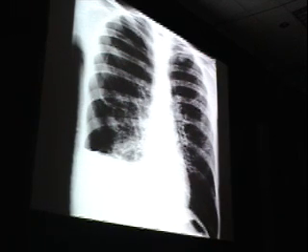Diffuse reticular pattern throughout the lungs. Large lung volumes, as we see here, particularly on this side. But also associated with pneumothorax and pleural effusion. And of course, as you know, lymphangiomyomatosis is a disease occurring only in women, generally premenopausal. They suffer also from recurrent pneumothoraces and recurrent pleural effusions.